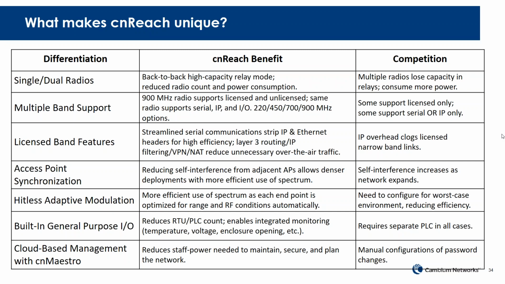Okay, looks like there's a question here on the window. The question that's come in is about synchronization. The way that works is if I have multiple access points on a tower, because cnReach is a TDD radio, a time division duplex radio, you can synchronize that frame structure so that all the radios are transmitting at the same time and receiving at the same time.